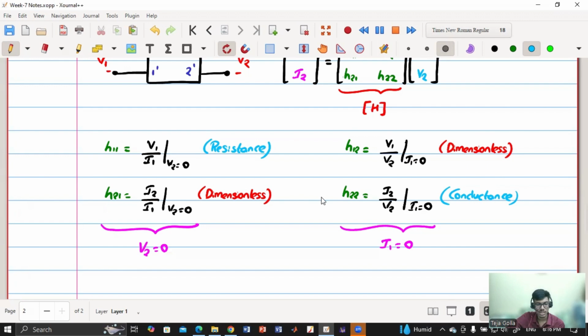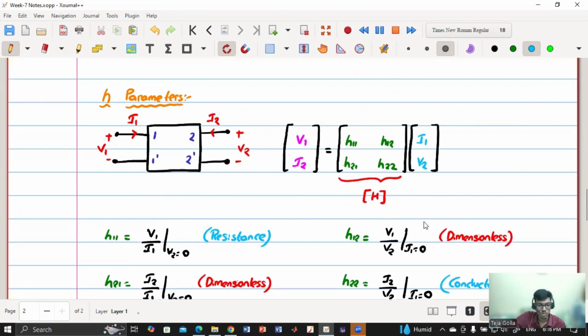So this is just the definition. How we will find them, we'll slowly see when we get into the problem solving session. Till now we are only defining the parameters for a given two-port network. Any doubts, or is it clear till this point?